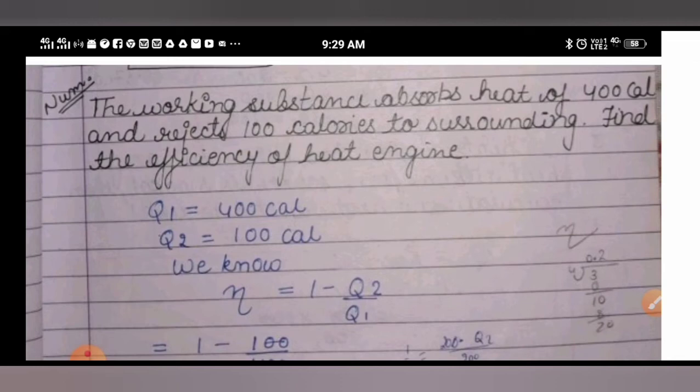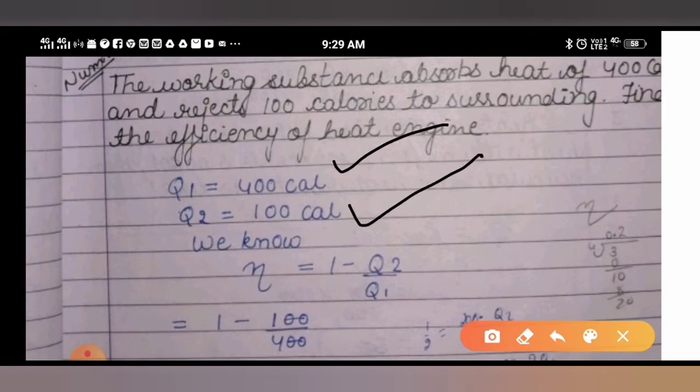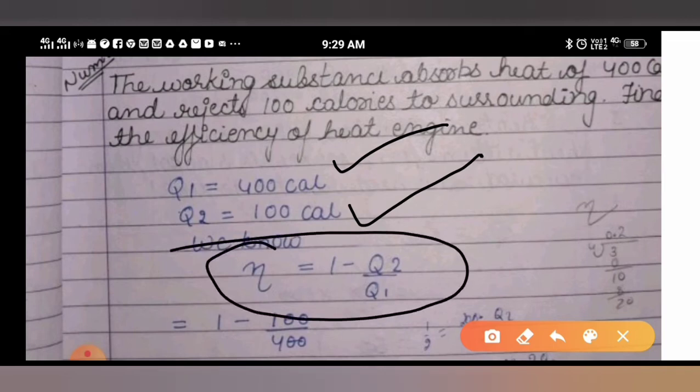The heat we take from the source is always greater than the heat we reject to the sink. From the question you can see the working substance absorbs heat of 400 calorie. It is absorbing heat, so from where do we absorb heat? From the source. So Q1 is 400 calorie and Q2 is 100 calorie. We know the formula I just told you: eta is equal to 1 minus Q2 upon Q1.